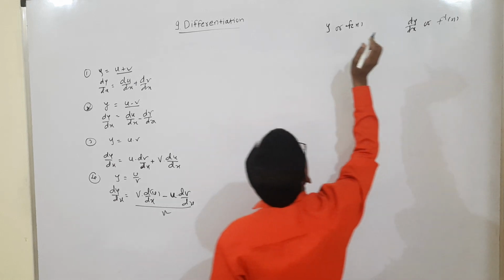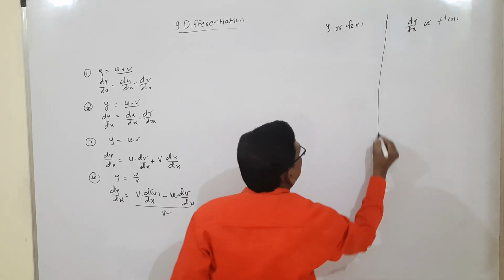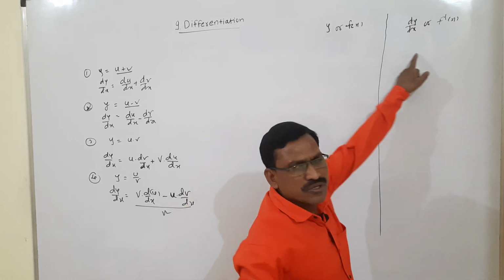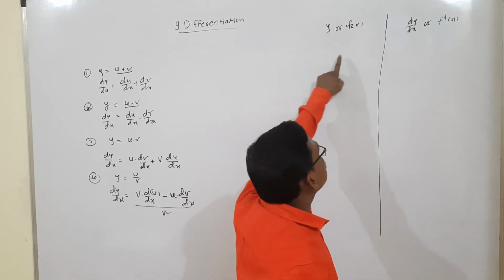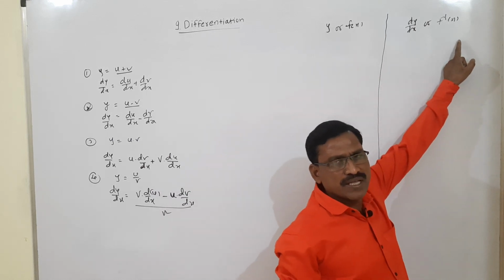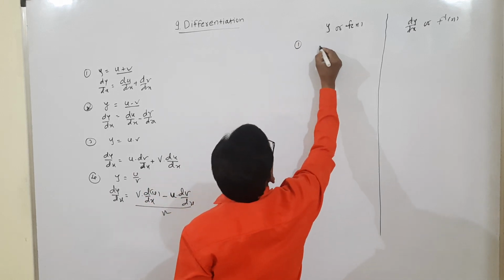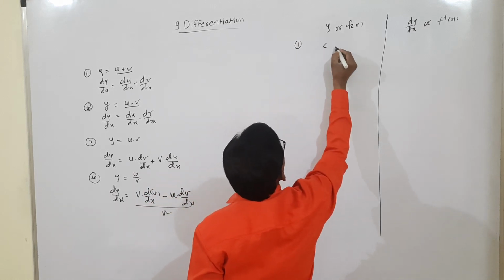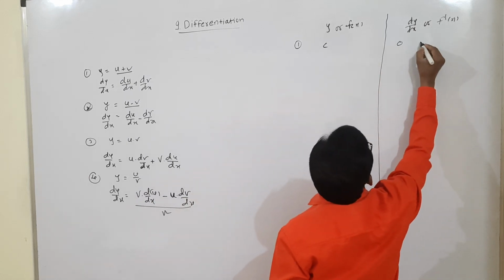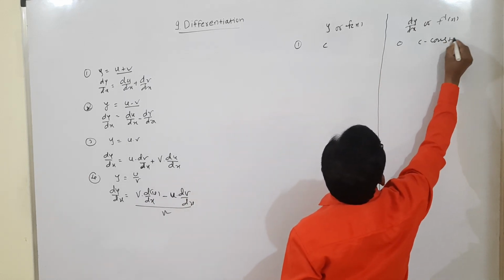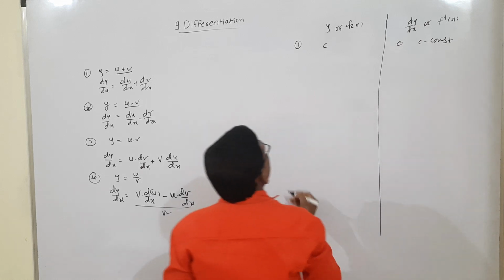So when we consider y, its derivative is dy by dx, and if we consider function f of x, its derivative is f dash x. First of all, algebraic functions: a constant function, where c is a constant, its derivative is 0.